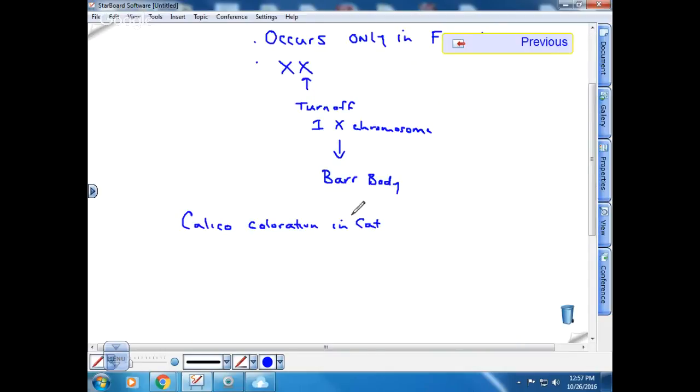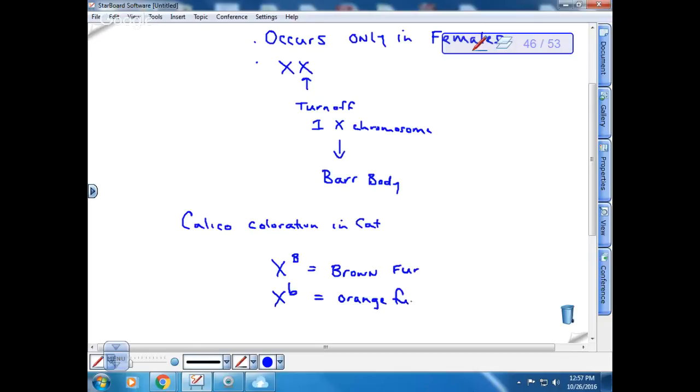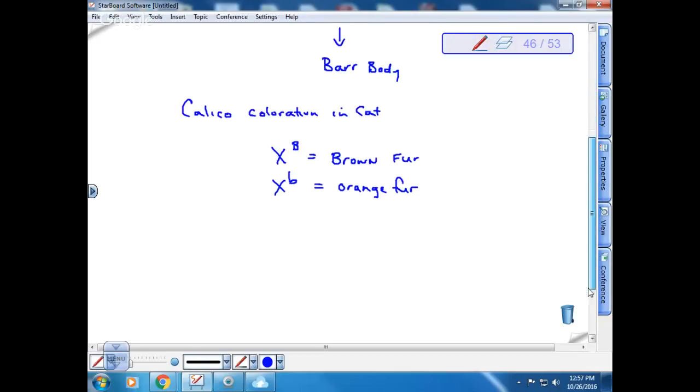And so they have an X with a big B, right? And that codes for brown fur. And then they can have an X with a little b that codes for orange fur. Right?